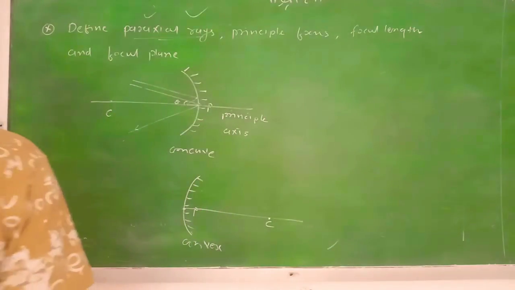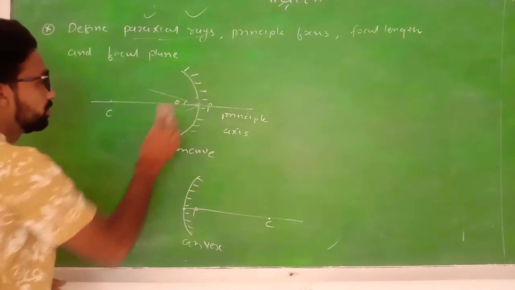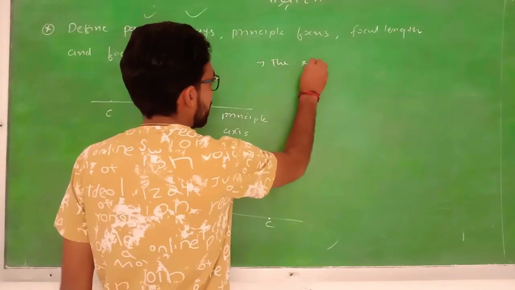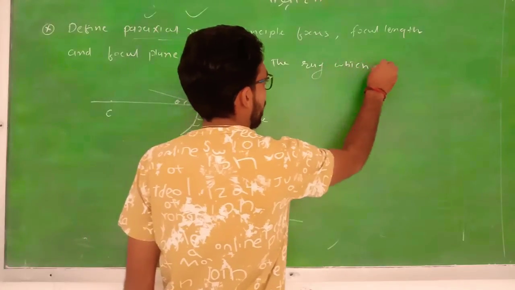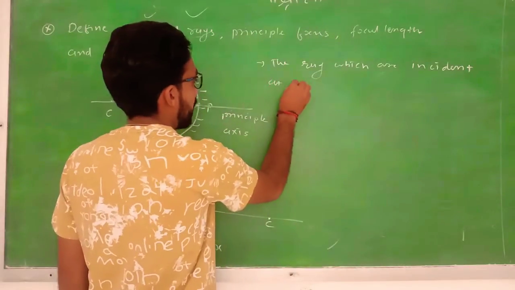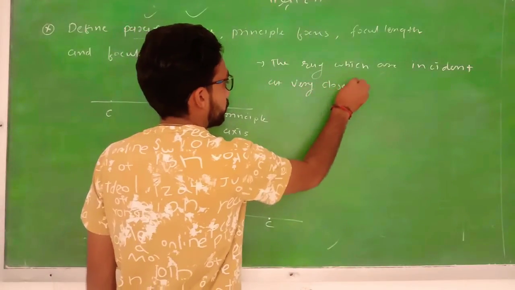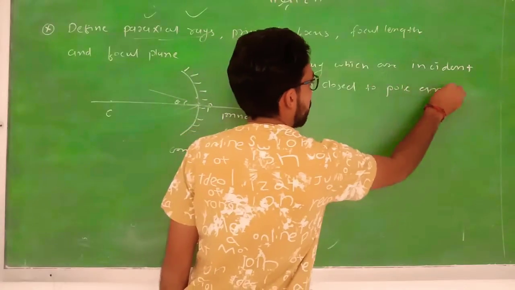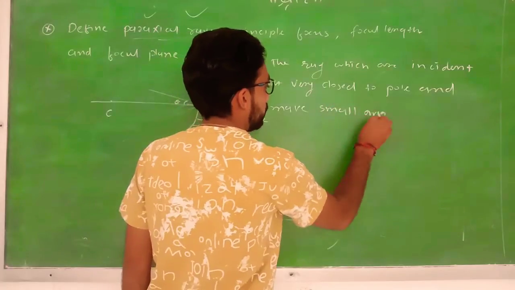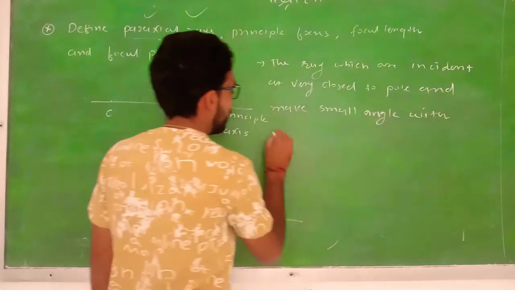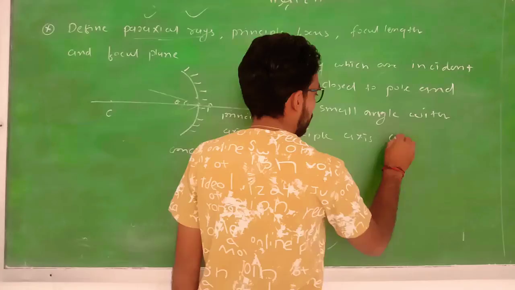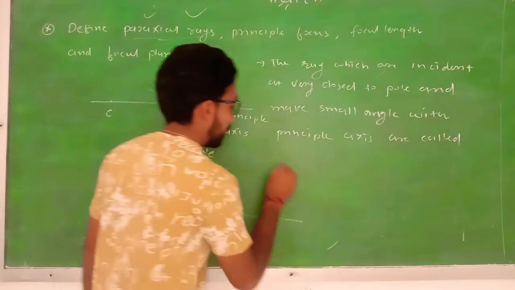So now we define paraxial rays. The definition is: the rays which are incident very close to the pole and make a small angle with the principal axis are called paraxial rays.